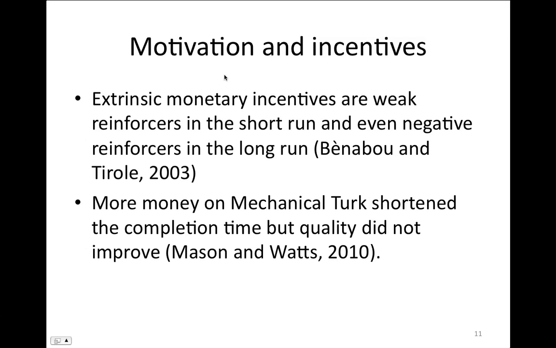So more money might attract more people, but not necessarily lead to better quality work. This was also observed in the study on Mechanical Turk, where they paid different amounts of money for the same task and found that the more they paid, the faster the job was done, but the quality didn't improve.